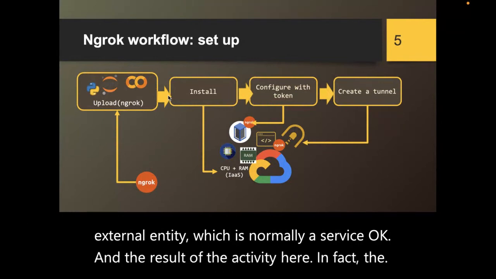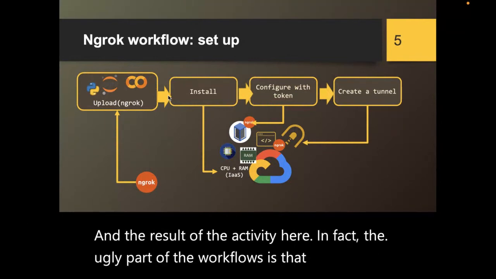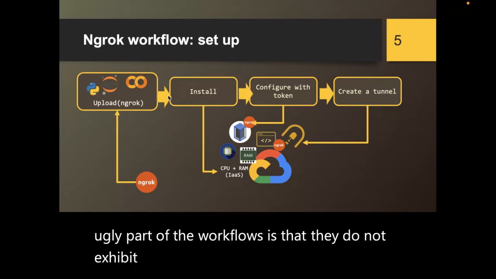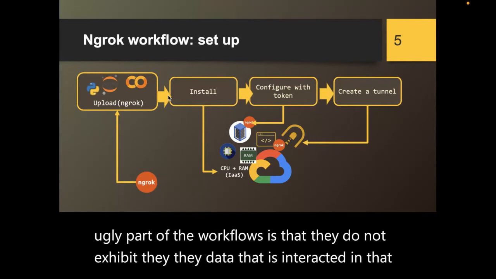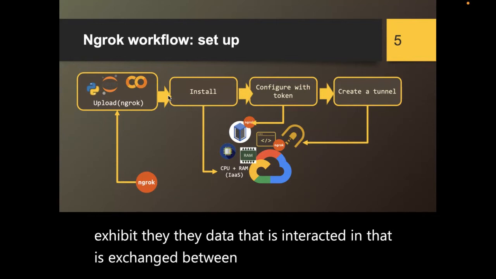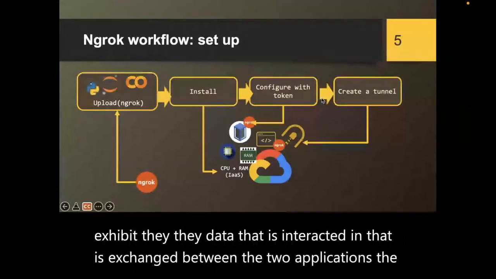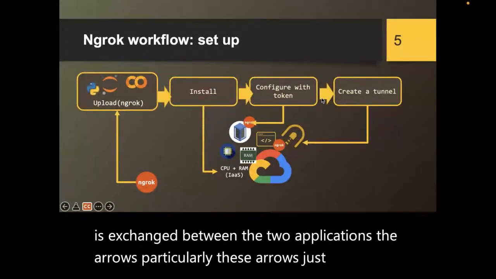Okay, and the result of the activity here, in fact, the ugly part of the workflows is that they do not exhibit the data that is exchanged between the two applications. The arrows particularly just represent the control flow.